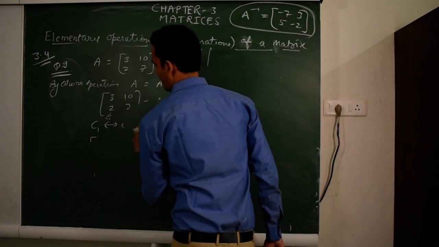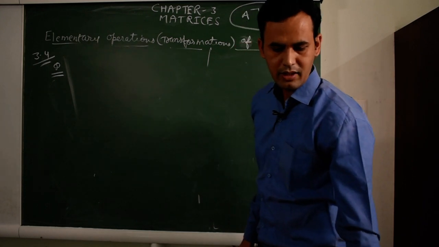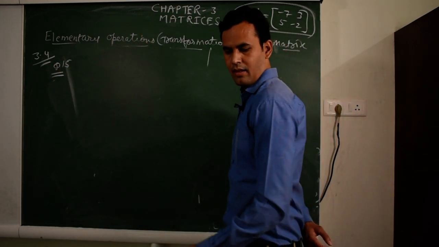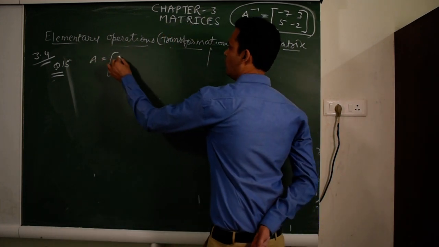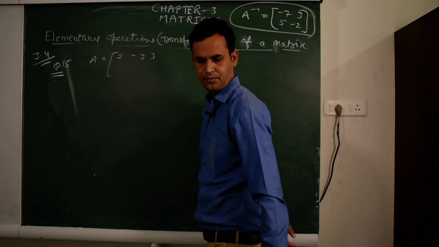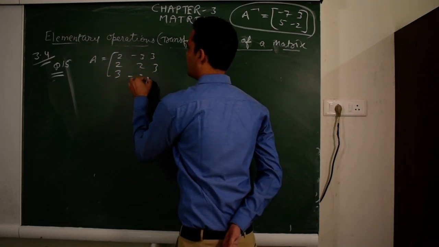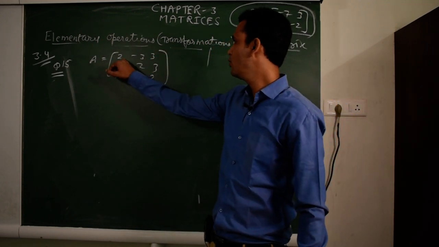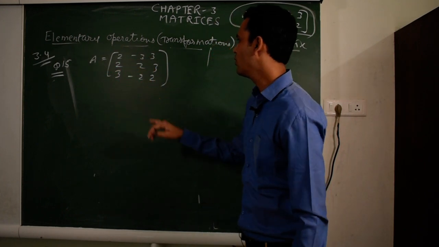A 3 by 3 matrix is there. So one question of a 3 by 3 matrix. Question number 15. Here A equals 2 minus 3 3, 2 2 3 and 3 minus 2 2.